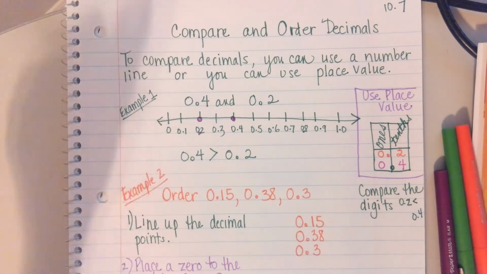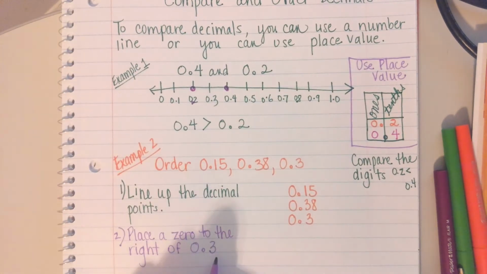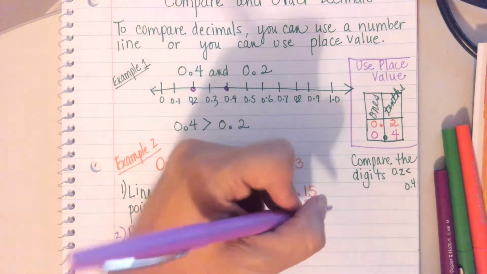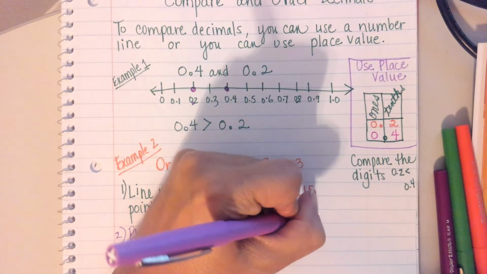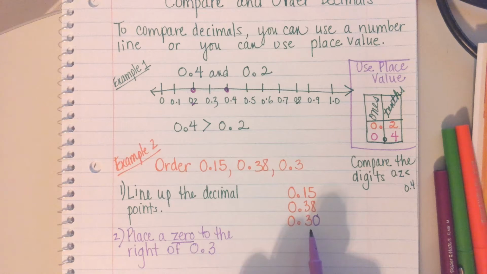Okay, in step 2, you're going to place a 0 to the right of 3/10. The reason you do this is so all of the numbers have the same decimal places. So what that means is I'm going to come over here to my lined up numbers. I'm going to put a 0 to the right of the 3/10.